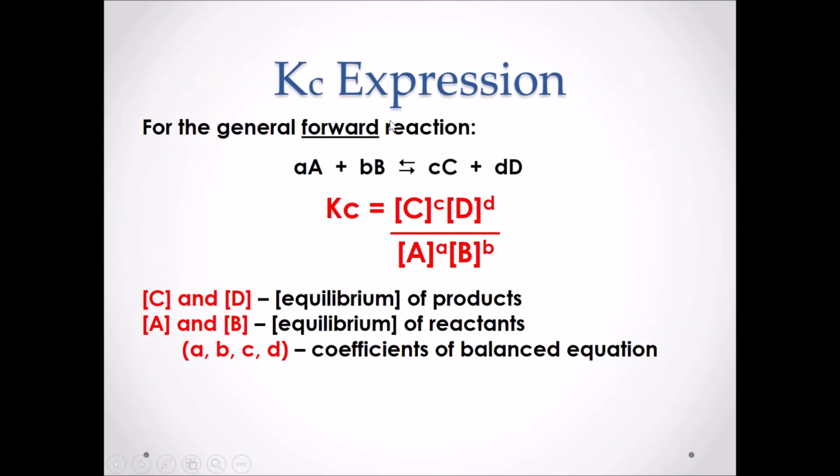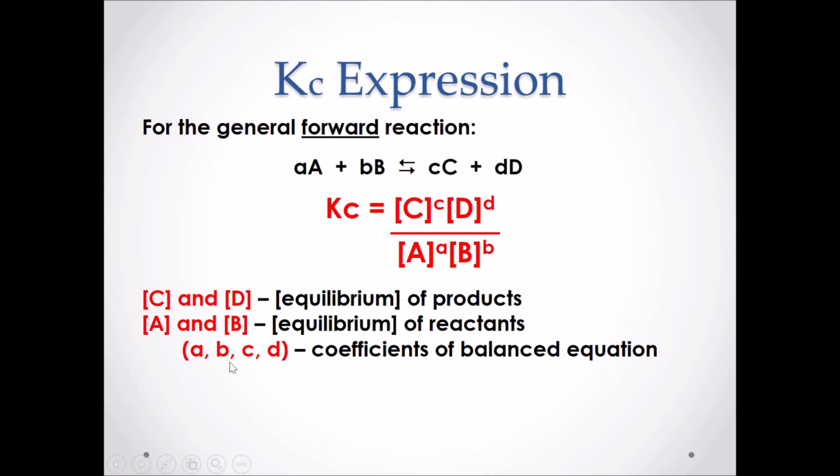The Kc expression. If we look at the following forward reaction, where A and B are the reactants and C and D are the products, this is our Kc expression. The concentration of capital C and capital D represent the concentration of the products at equilibrium, where the concentration of A and B represent the equilibrium concentrations of the reactants.